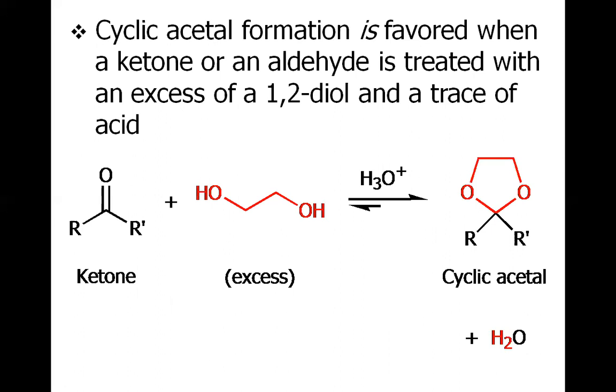If you treat this ketone or aldehyde with this diol, and this is a diol because of the two hydroxy groups, we have this cyclic acetal. That is, this hydroxy must have attacked this carbon after being protonated. Then after the departure of a water molecule, the second alcoholic part of the same molecule will attack this carbon again.